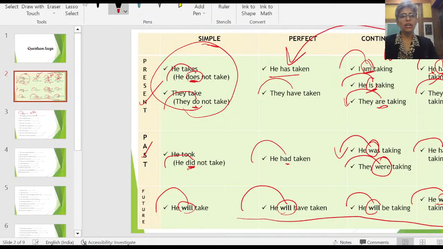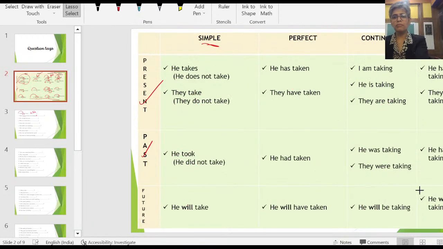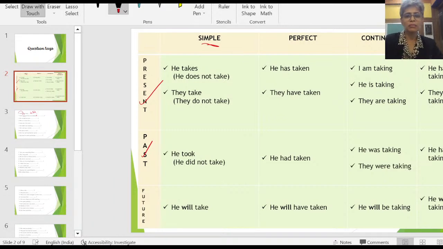In case y'all are not sure how to identify tense, guys, let me tell you, it's a very simple thing. I would suggest rather than identifying the simple present and the simple past, learn to eliminate what is not simple. Like in the perfect and the perfect continuous, you always have the h form of verb.